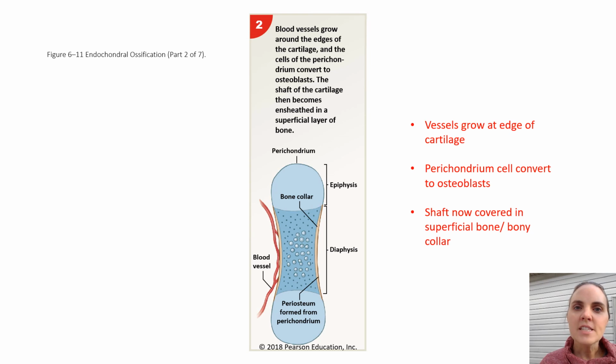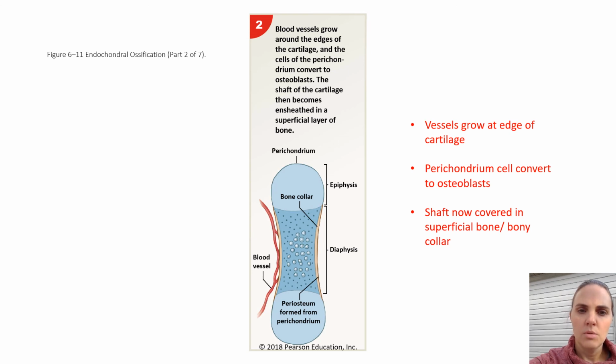Then we have vessels that grow around the edges of the cartilage, and the cells of the perichondrium, so remember, periosteum lines bony tissue, perichondrium is going to line the cartilage. Those cells of the perichondrium that line the cartilage convert to osteoblasts, and then that shaft of cartilage becomes covered in a superficial bone layer.